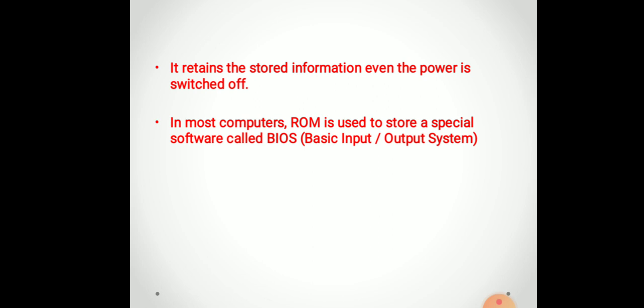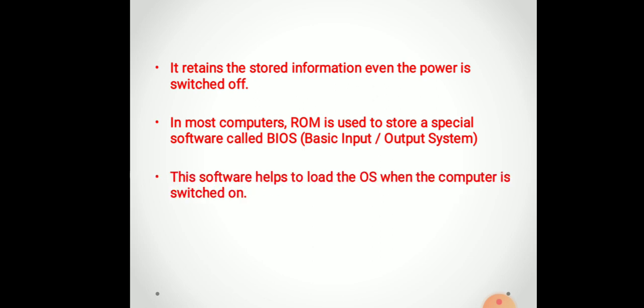In most computers, ROM is used to store a special software called BIOS, which means basic input output system. This BIOS software is used to load the operating system when the computer is switched on.